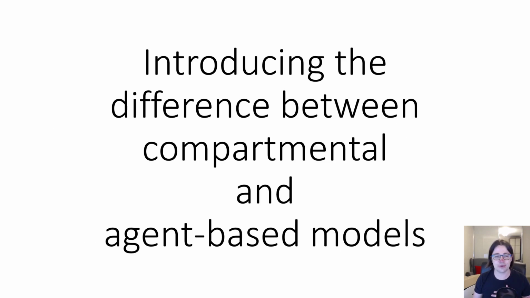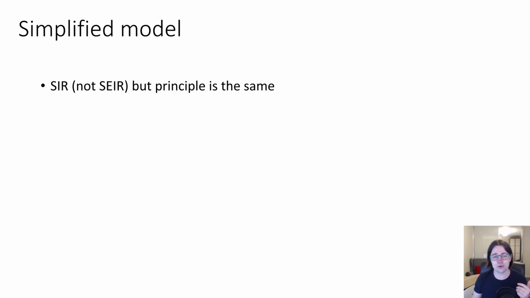So to begin with, I'm going to introduce the difference between the compartmental models and agent-based models. When I talk about this model, I'm going to do it in terms of a little bit more simplified SIR, not SEIR model. So I'll explain what that means. SEIR stands for susceptible, exposed, infected, and recovered.